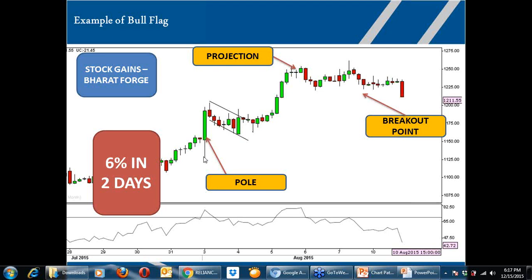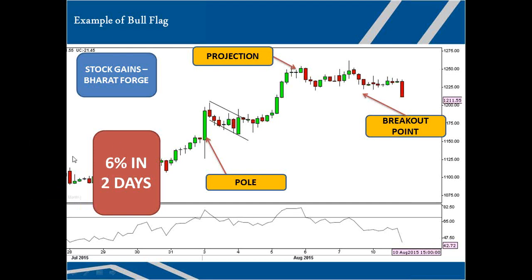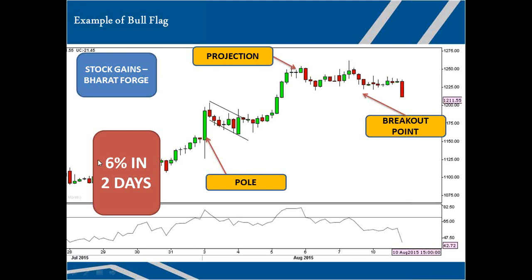So you can see that this is the pole, this area is the flag, and this is the projected target.